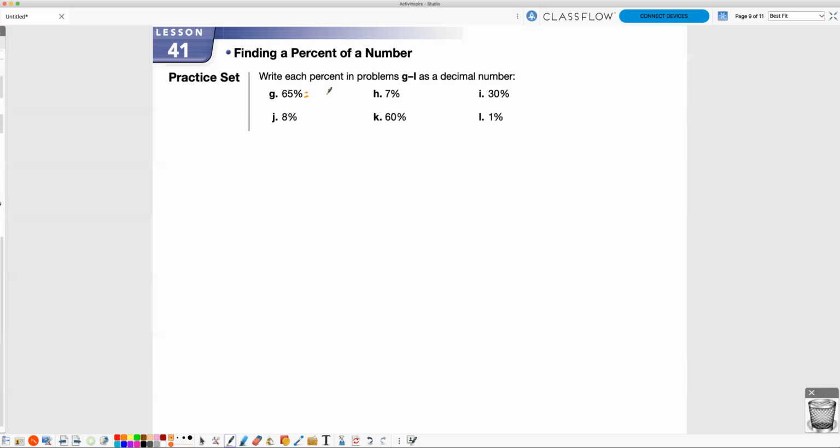I'm going to write 65, and then I move the decimal from this position where it starts, and it kind of gives you a little pointer here. It says go this direction 2 times. So the decimal would be right in this position, and that would be it. My digital pen just went wild on me there. So it'd be right here, 65/100ths.